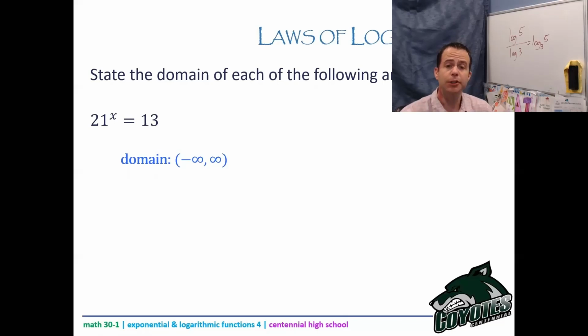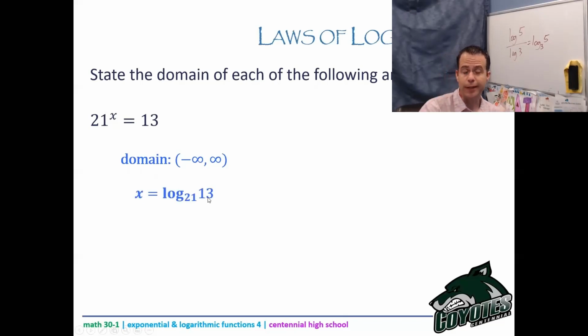Now, I'm just going to switch this to log form. The base becomes the base, so I'm going to be looking at log base 21. Dude that was locked is free, so this should be x equals. Dude that was free should now be locked. So it's the 13 that gets locked into the log. So this would be rewritten as x equals log base 21 of 13.